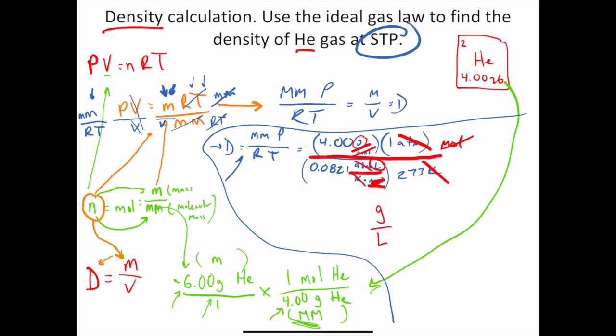Notice that there's no sig figs given, so the limiting sig fig is the molecular mass. Because we always round molecular mass to 2 decimal places, that has 3 sig figs. So we're going to use that as our limiter. It's going to be 0.178 grams per liter.